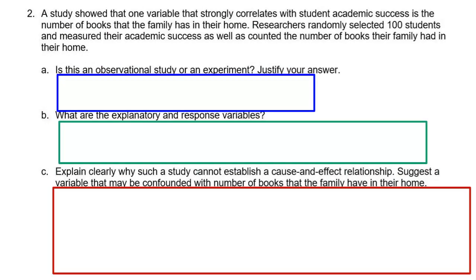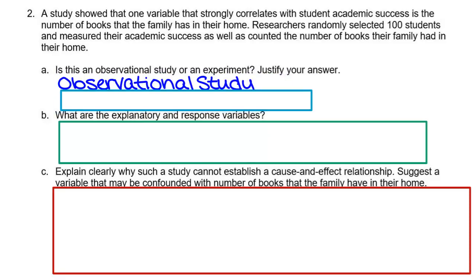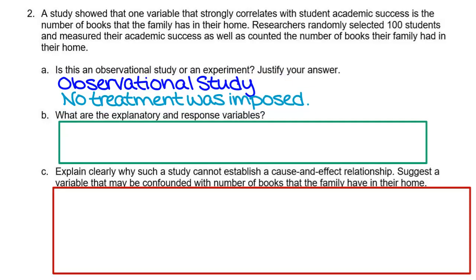Number 2, part A, observational study or experiment? Observational study. Why? No treatments are imposed. They weren't told what to do. Nobody involved in this was told, you've got to get rid of all your books. That didn't happen. What's the explanatory variable here?